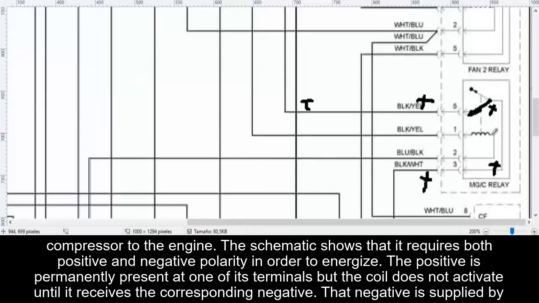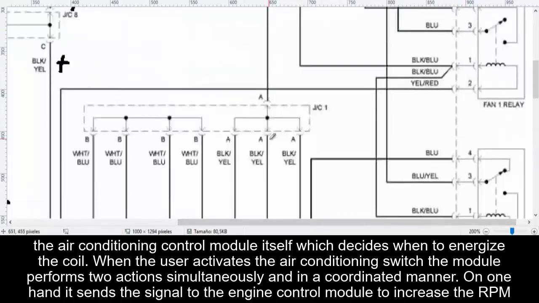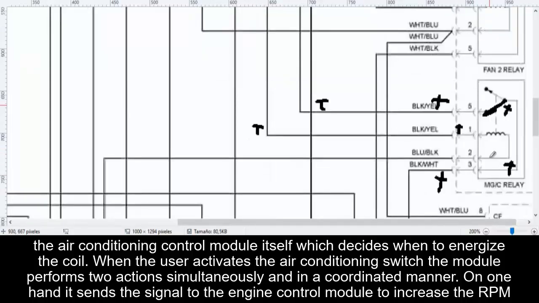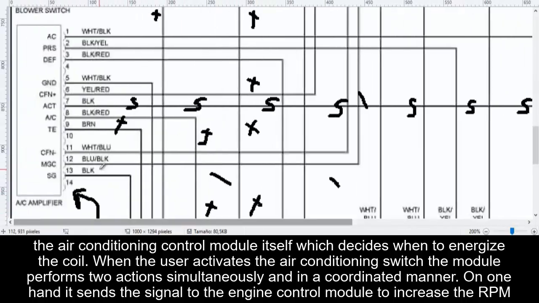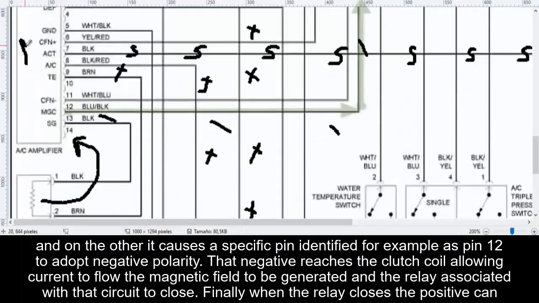When the user activates the air conditioning switch, the module performs two actions simultaneously and in a coordinated manner. On one hand, it sends the signal to the engine control module to increase the RPM, and on the other, it causes a specific pin, identified for example as pin 12, to adopt negative polarity. That negative reaches the clutch coil, allowing current to flow, the magnetic field to be generated, and the relay associated with that circuit to close.